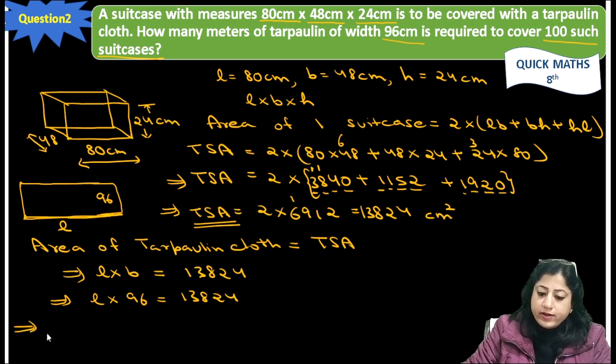So we can calculate the length as 13824 by 96.